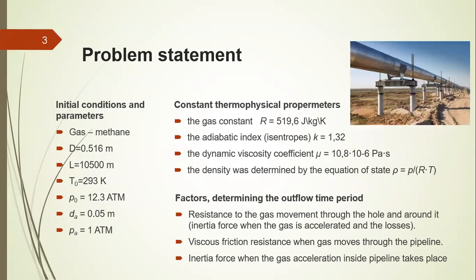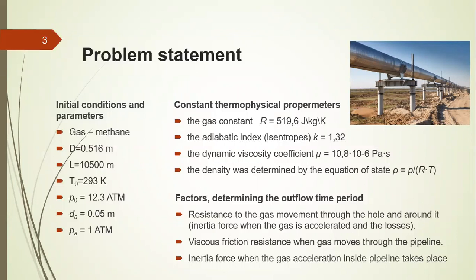Prior to the development of the mathematical model, initial conditions and parameters were set, which you can see on the slide: internal diameter of the pipeline, length, gas pressure, and temperature. At one end of the pipeline a hole with a diameter takes place, through which the gas enters the atmosphere with air pressure.